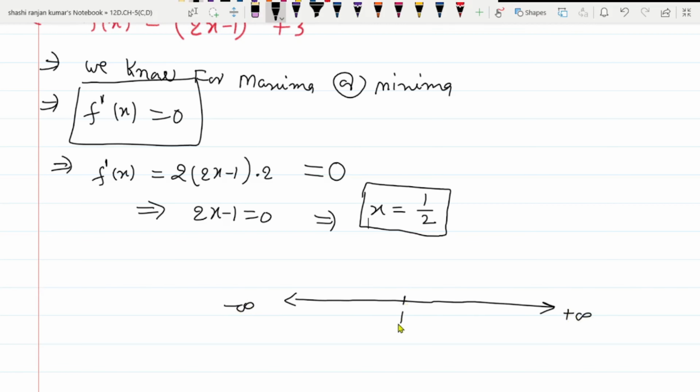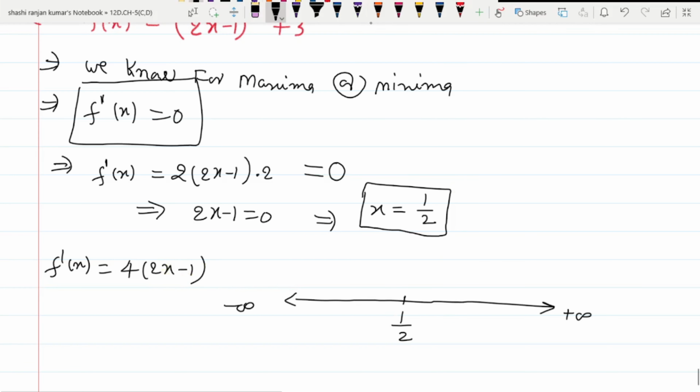This is the point half. f dash x is equal to 4 into (2x minus 1). If you take any value greater than half, let us suppose 2, then 2 into 2 is 4, minus 1 is 3, which is a positive value.